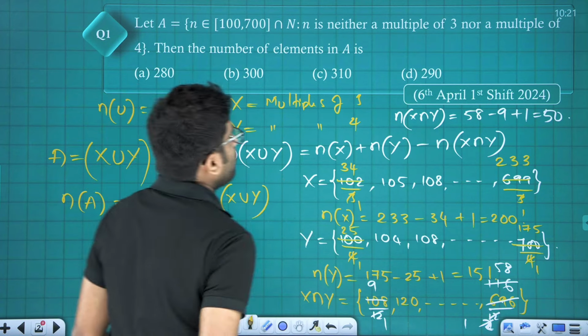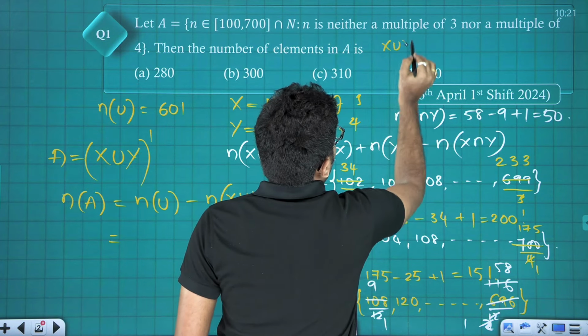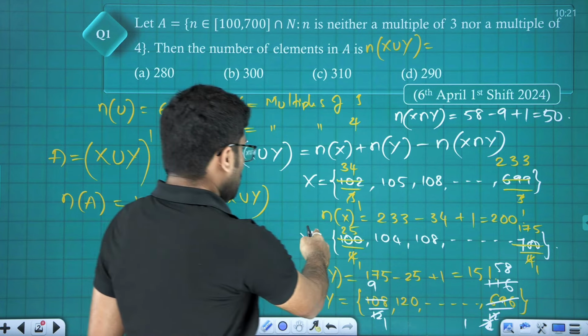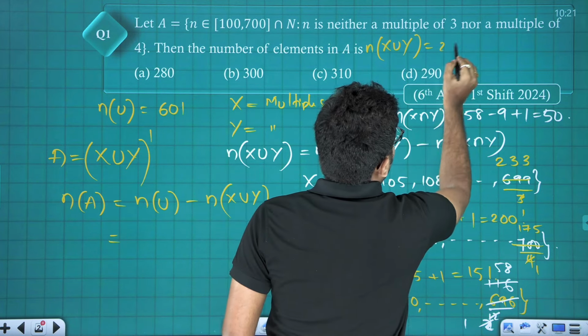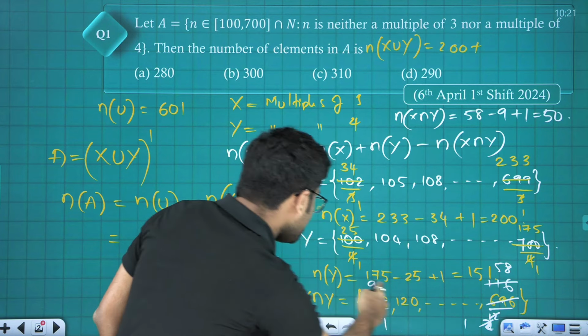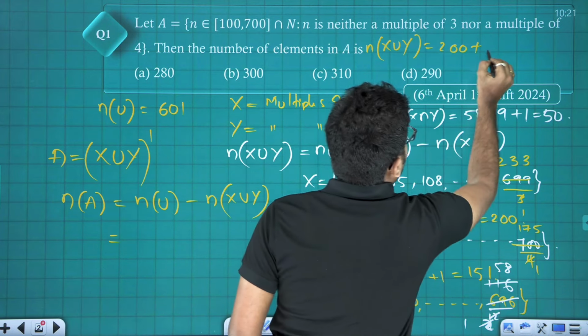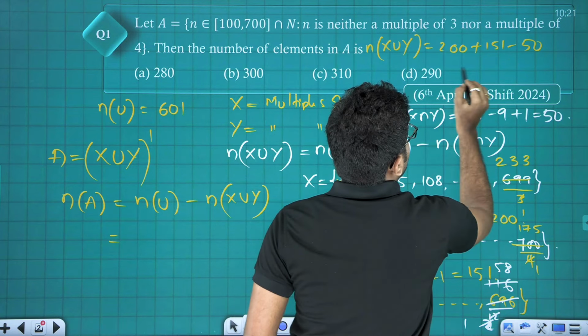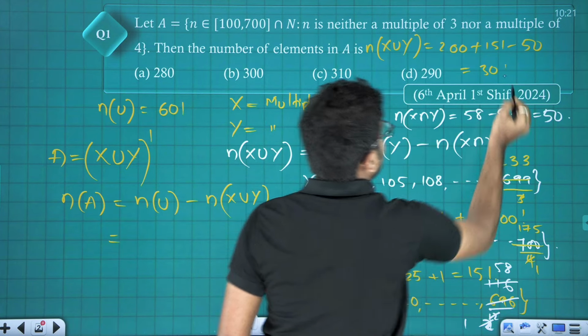So what is our X union Y? The number of elements in X union Y is equal to the number of elements in X, 200, plus the number of elements in Y, that is 151, minus 50. So this is 351 minus 50, which is 301.